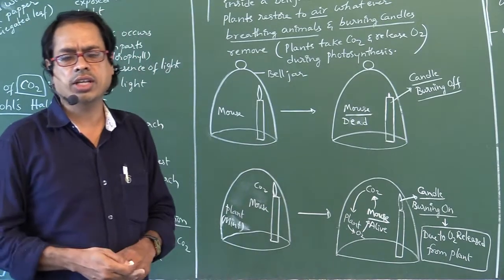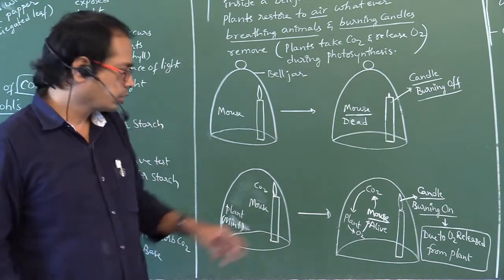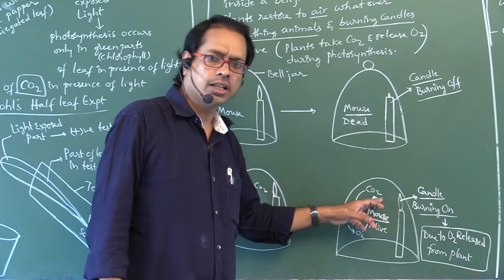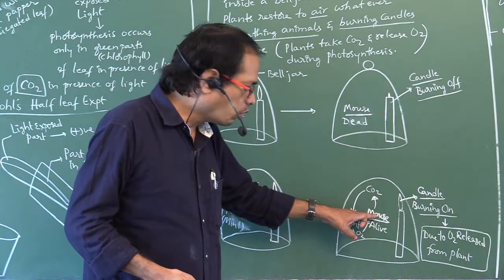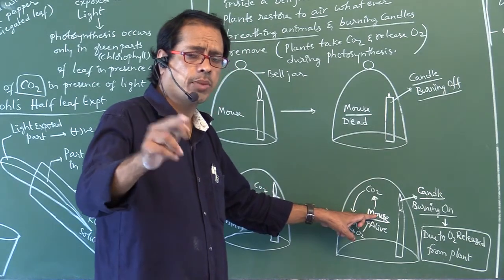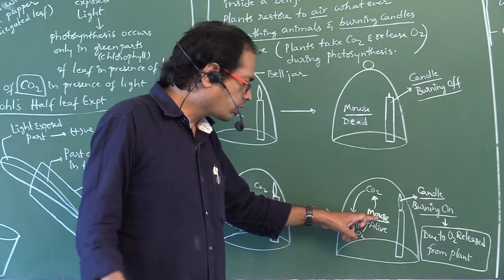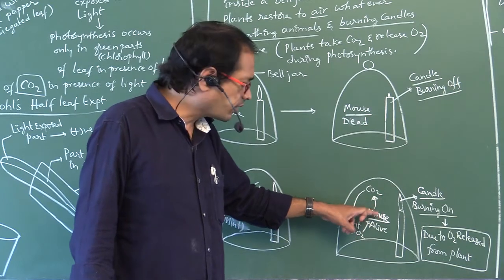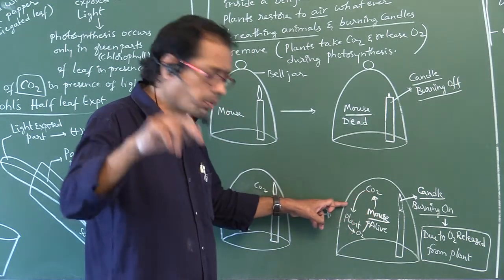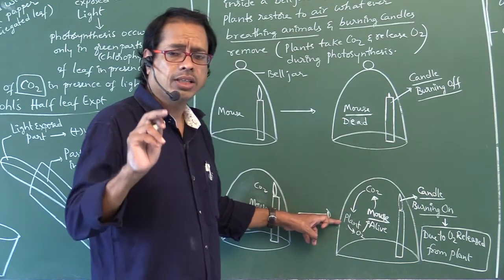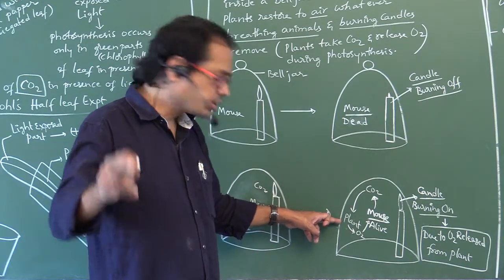Where is this oxygen obtained from? From the plant. The candle and the mouse release carbon dioxide, the mouse in a process called respiration. The carbon dioxide released by the mouse was absorbed by the mint plant, and the mint plant releases oxygen.